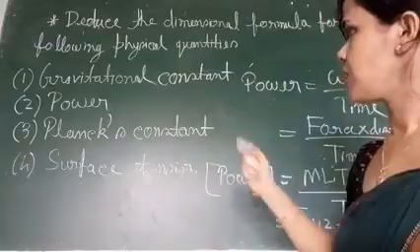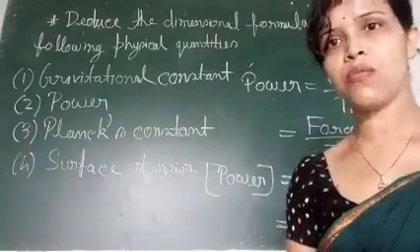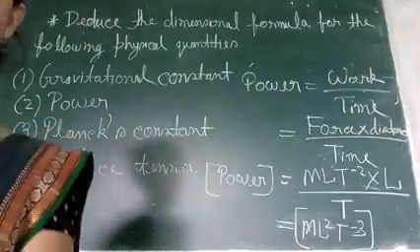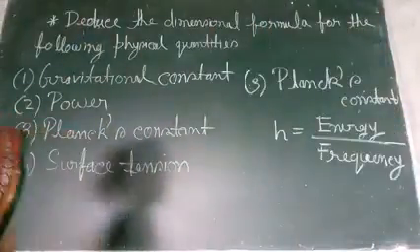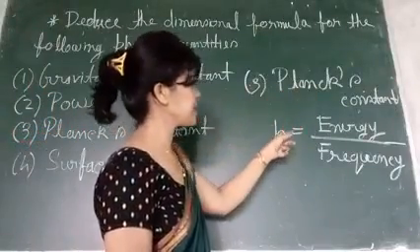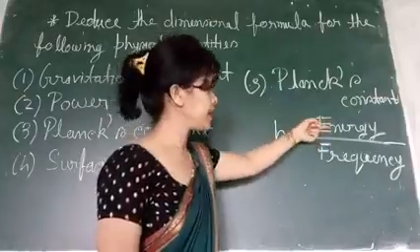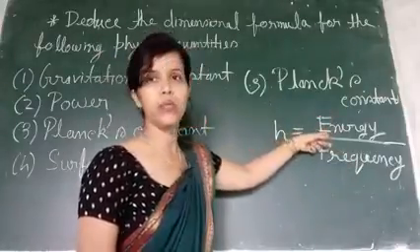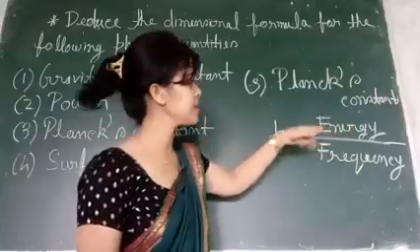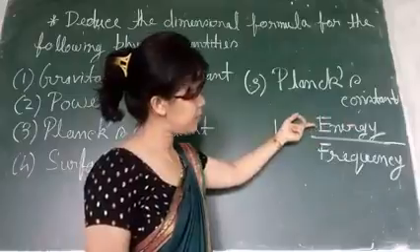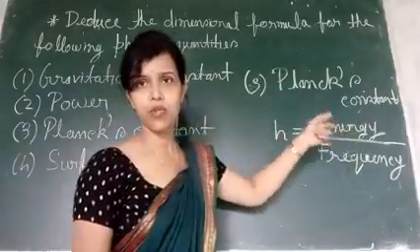After that, we have to find out the dimensional formula for Planck's constant. So let's see how we can get the dimensional formula for Planck's constant. Planck's constant H is equal to energy divided by frequency. So what is the dimensional formula for energy? Energy means work done, or force into displacement.